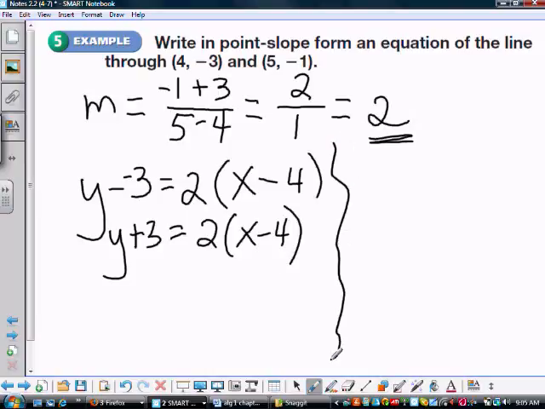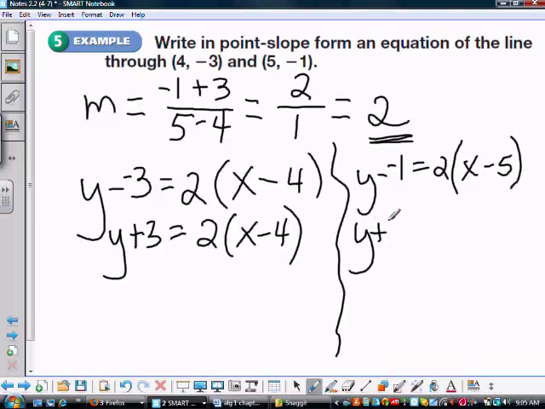Or I could use the other point and say y minus negative 1 equals 2 parentheses x minus 5. So that's y plus 1 equals 2 parentheses x minus 5. And there I'm in point slope with either one of those points.